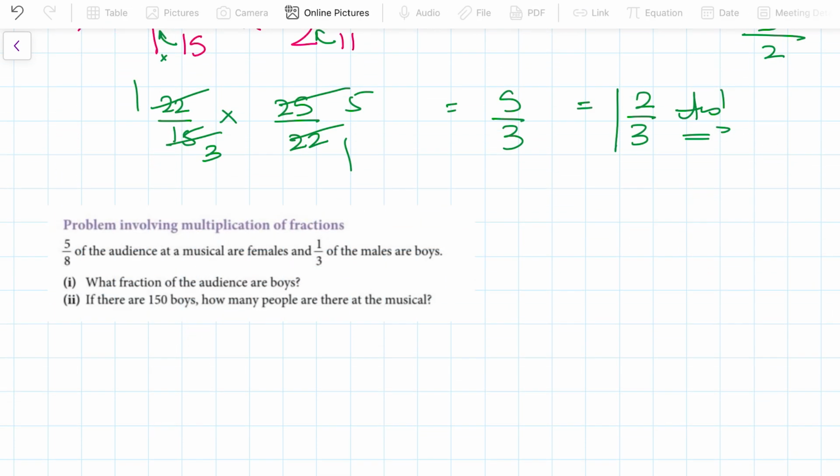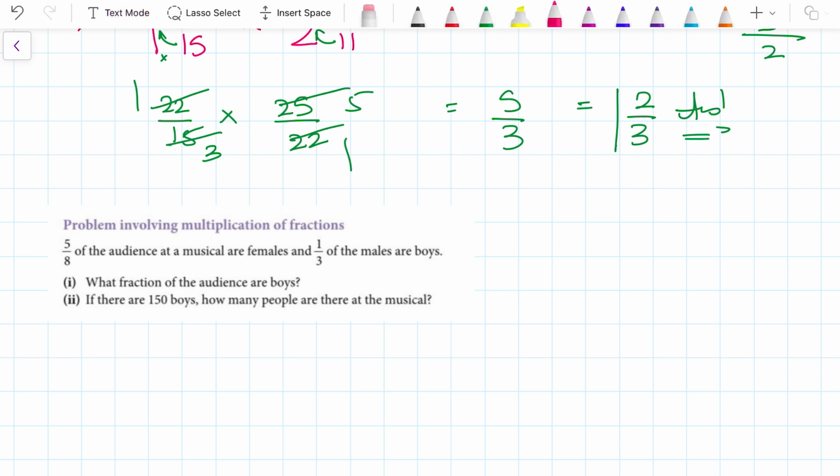Let's take up a word problem. 5/8 of the audience at a musical are females. 1/3 of the males are boys. So we have audience. So in audience we have females and we have males. How many are females? 5/8 of the audience are females.